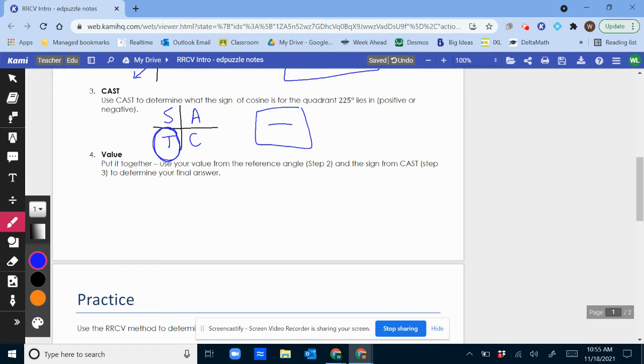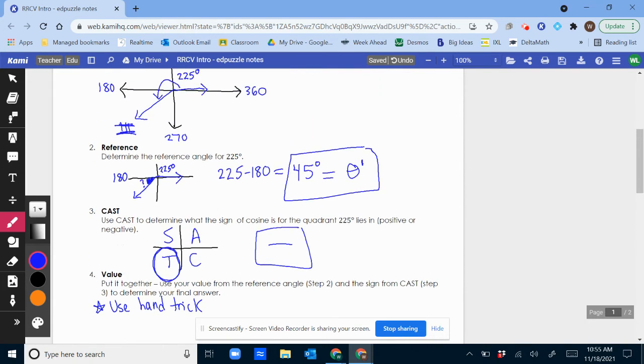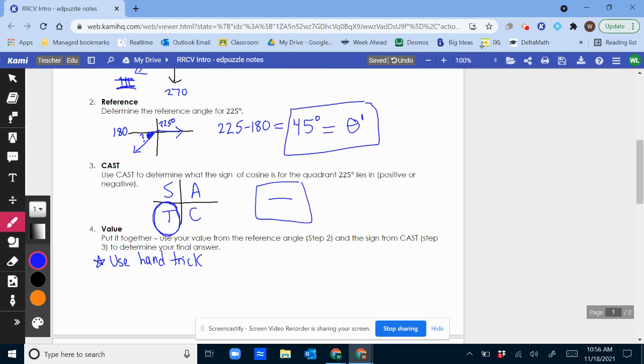For the most part, the choices that we've dealt with are 1/2, square root of 2 over 2, square root of 3 over 2. For the value step, use the hand trick. What you want to figure out for the value, you need to go back to step 2 and see what your reference angle was. In this case, it was 45 degrees.